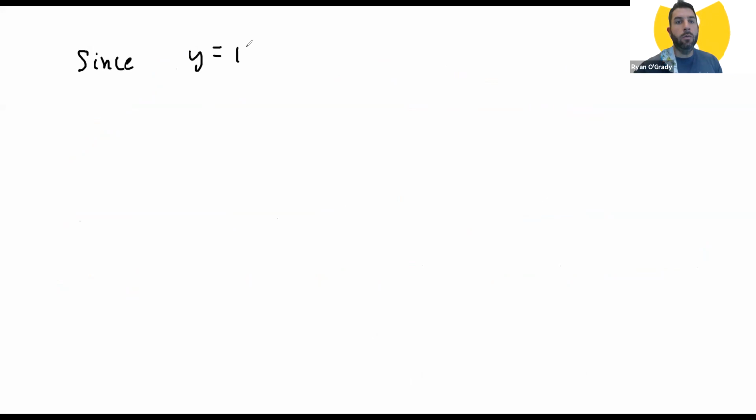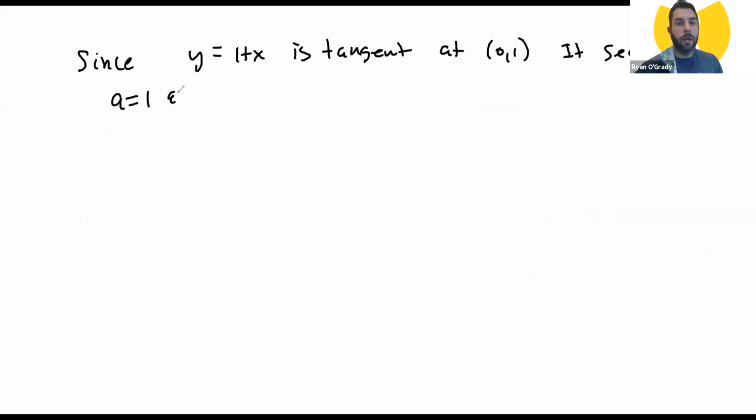Since y equals 1 plus x is tangent at (0, 1), it seems that a equals 1 and b should equal 1.